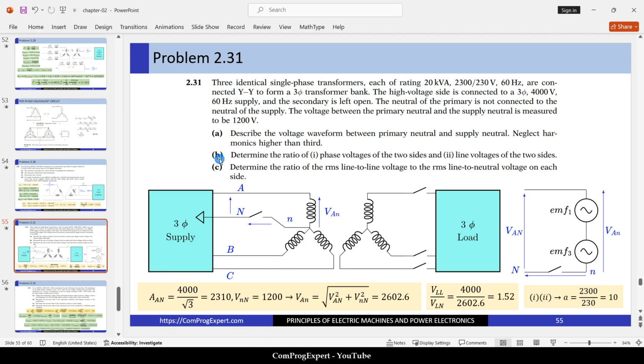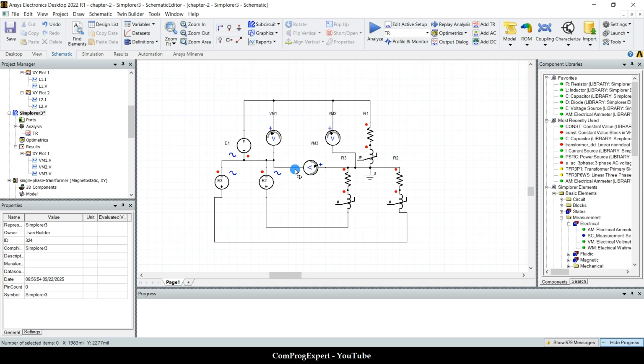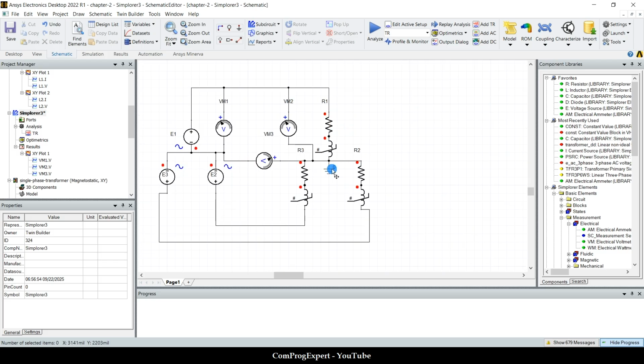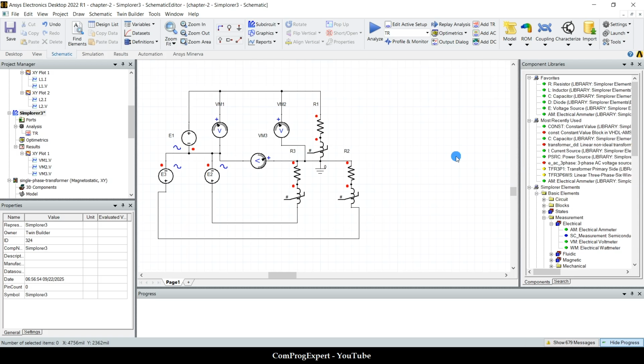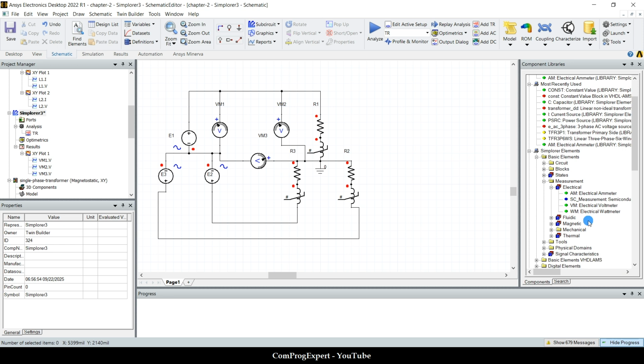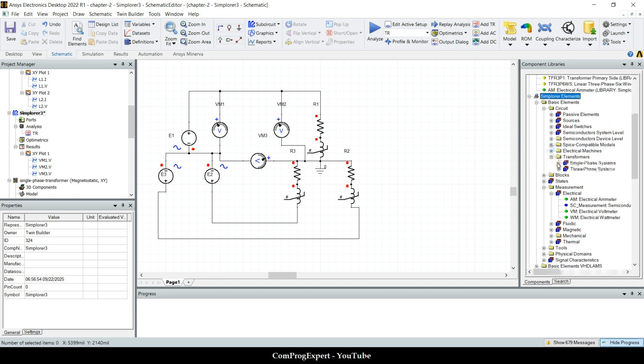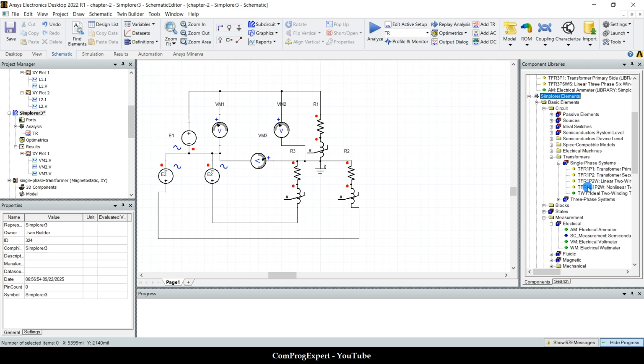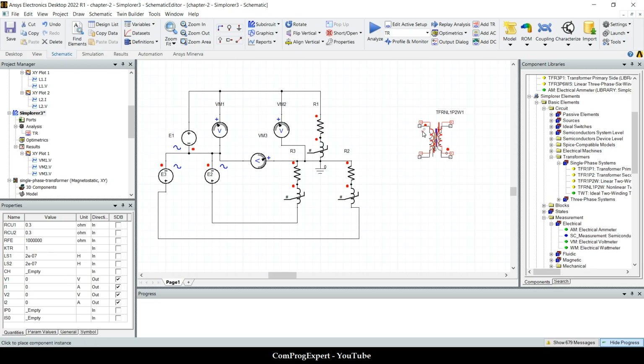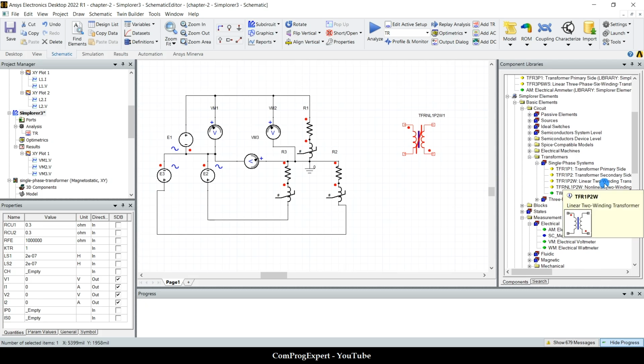How can you calculate this in the simulation software? Here you can use three transformers and run the simulation again and measure the RMS values for the output and check. So here in Simplorer, we have this single phase transformer with nonlinear material.